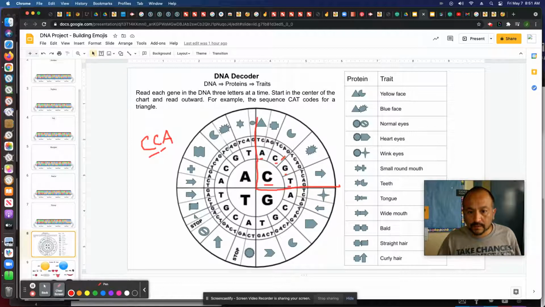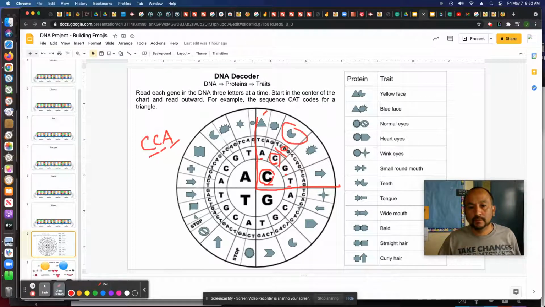We're looking for C. There it is. So we have C, C, and right here we need to locate another, I'm sorry, an A. And there is the A, so C-C-A, which is this shape.